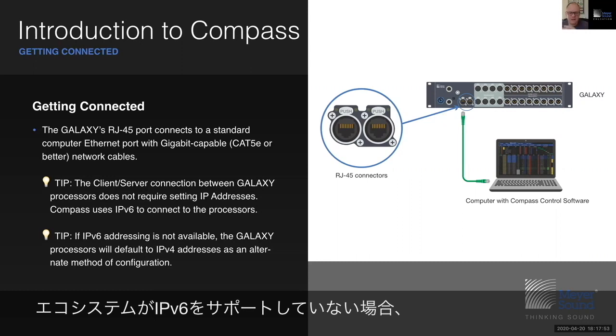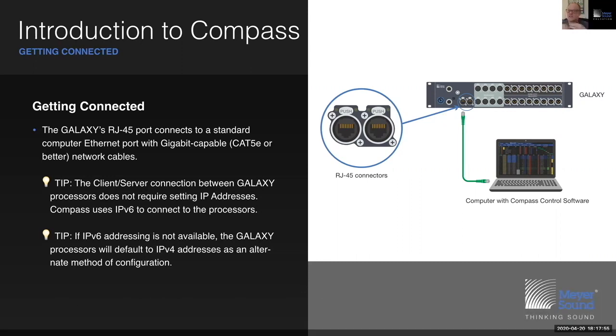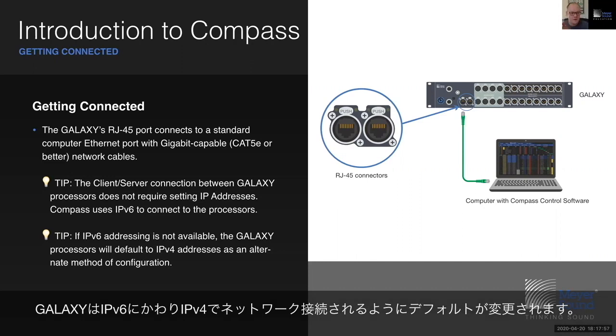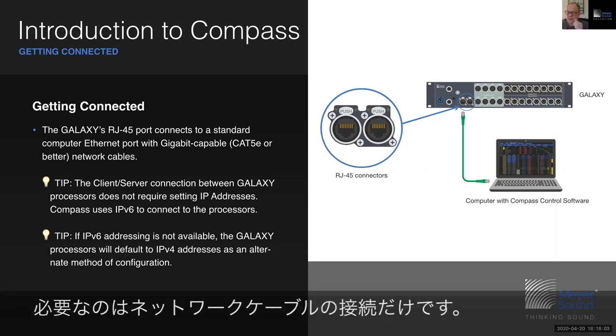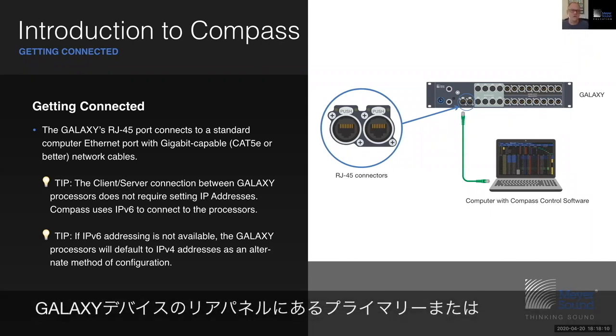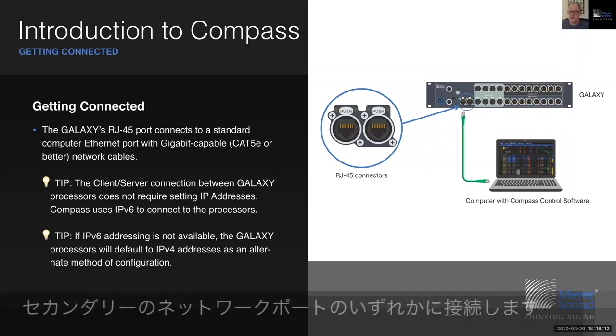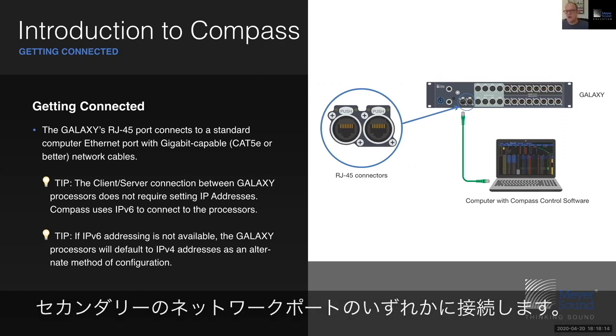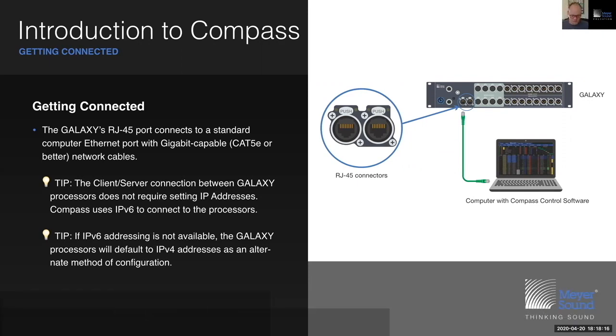That being said, if your ecosystem for whatever reason does not support IPv6, then Galaxy is smart enough that it will default to IPv4 rather than IPv6. But in terms of connection, a network cable is all that you need, and then you can connect either to the primary or secondary network port on the back of a Galaxy device.